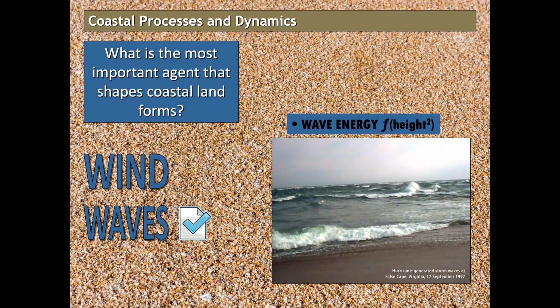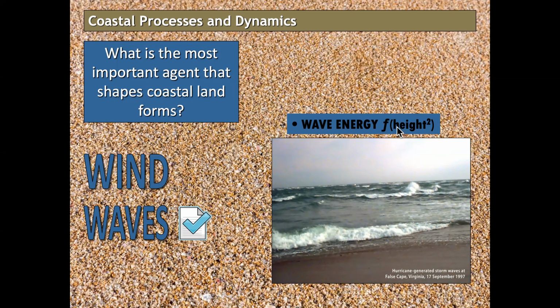I guarantee you that. If you're standing like here and an 8 foot wave comes, you're going to be tossed around like a little rag doll. So that's a function of energy, and the energy is a function of the height of the wave squared. Okay.